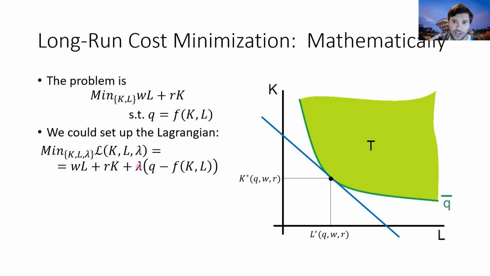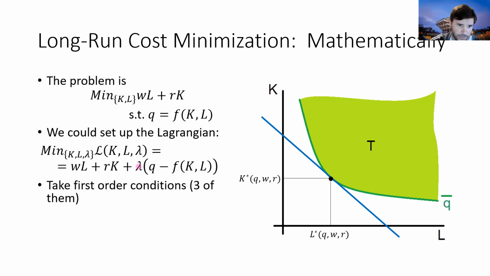So the way we're going to solve this problem in a moment is we're going to take 3 first order conditions, right? One with respect to K, one with respect to L, and one with respect to lambda. The lambda first order condition will give us back our constraint equation, which was one of the equations we said had to be true in the optimal solution.